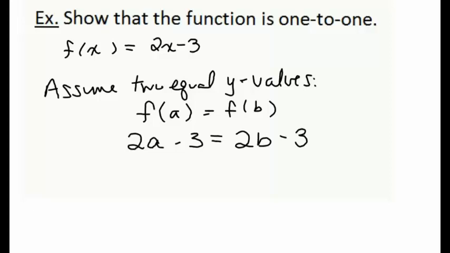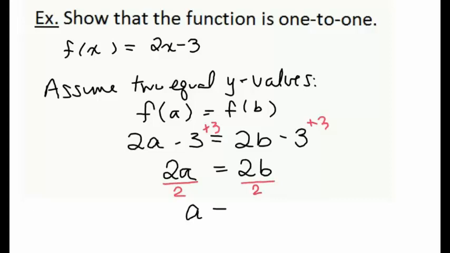From here, let's add 3 to both sides. That's going to give us 2a is equal to 2b. And then we can divide both sides by 2. And we see that a is equal to b.